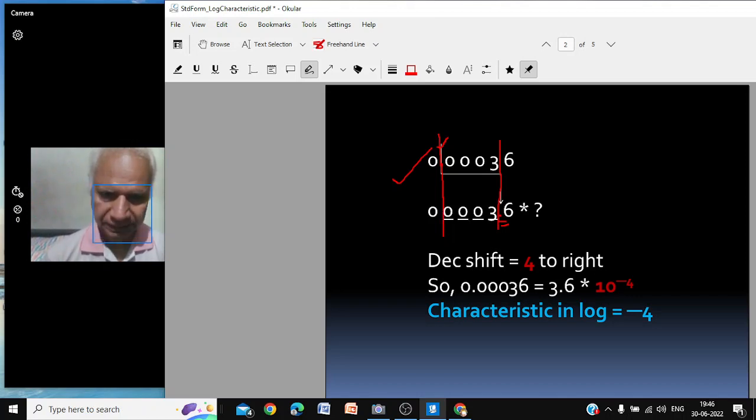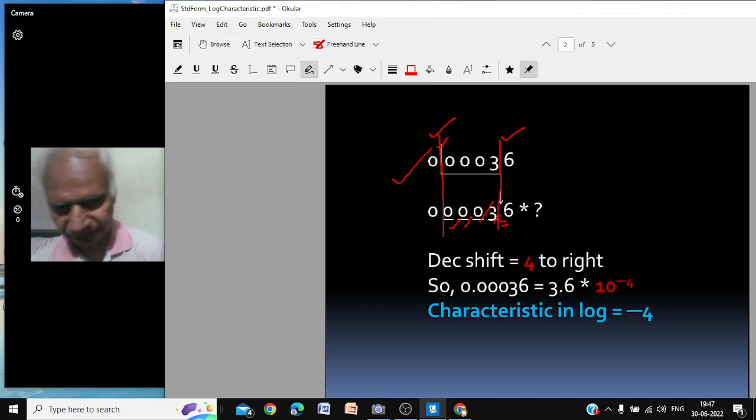This is the original position of the decimal point and this is the final position of the decimal point when you write in the standard form. When you draw the vertical lines, how many digits are there? There are 1, 2, 3, 4: 0, 0, 0 and 3. So 4 digits.